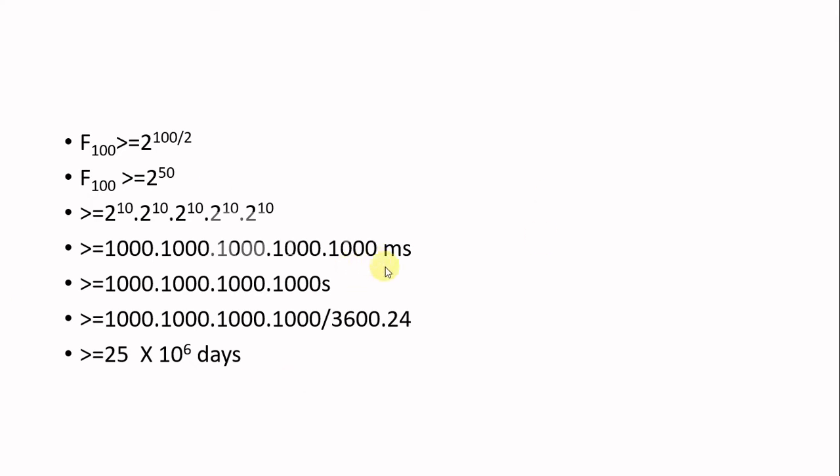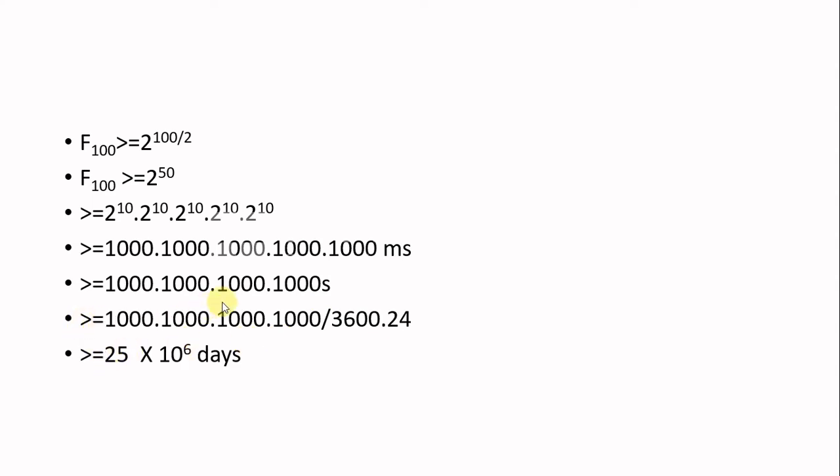So these many milliseconds will be taken for computing F100. So what is this value? This you can take, there are 5000s, so you can reduce it to 4000s. Okay, so that is these many seconds. Then you can compute the number of days, that is this value divided by 3600 into 24.